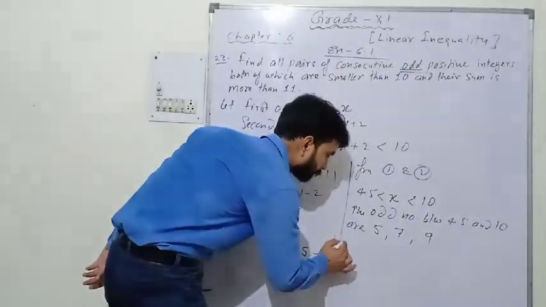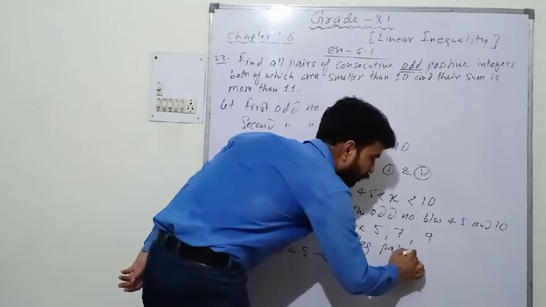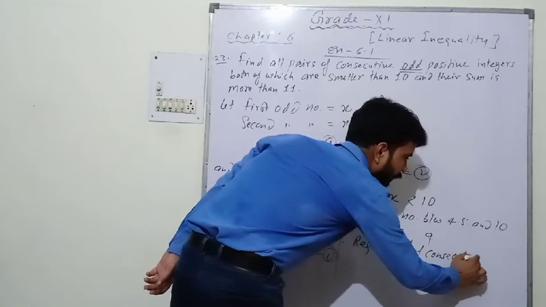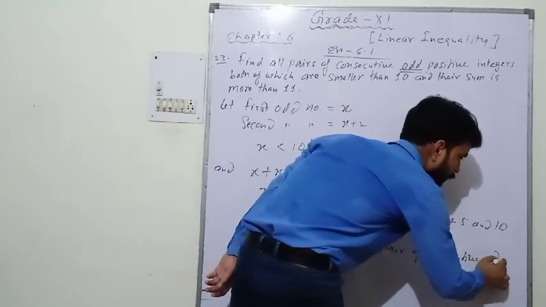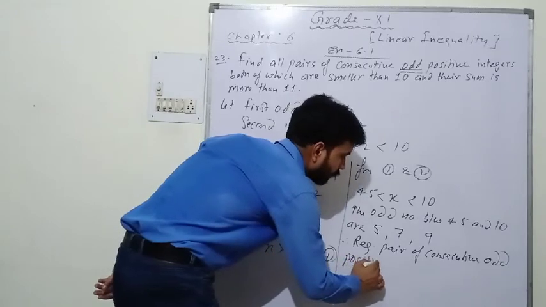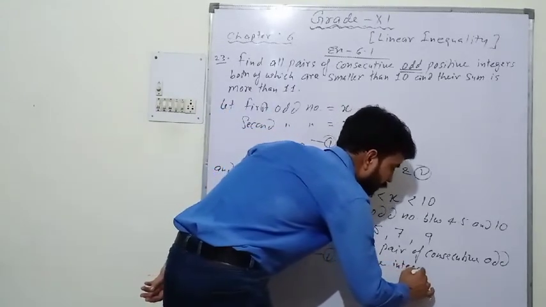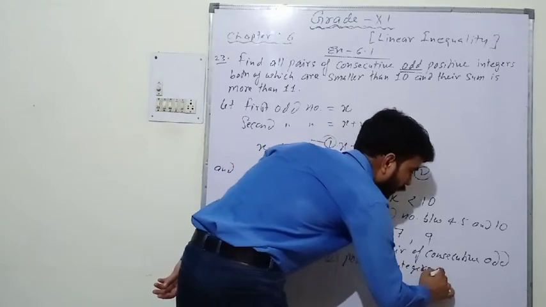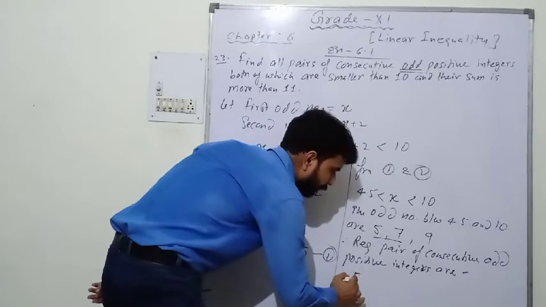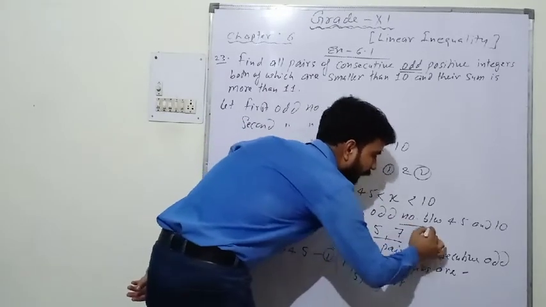So hence the required pair of consecutive odd positive integers are either 5 and 7 or 7 and 9.